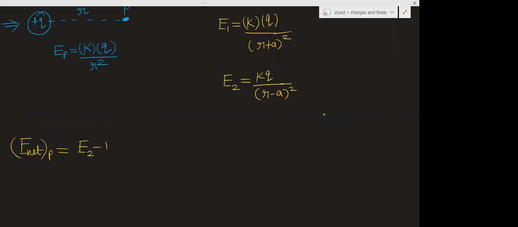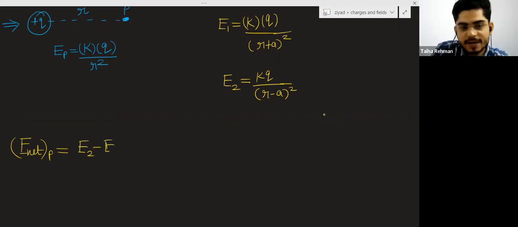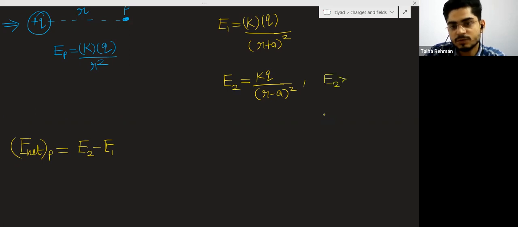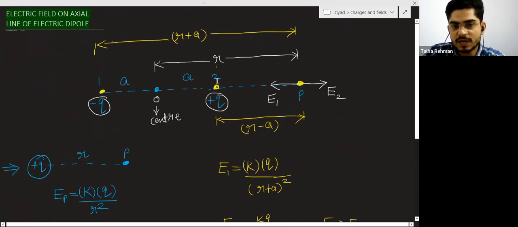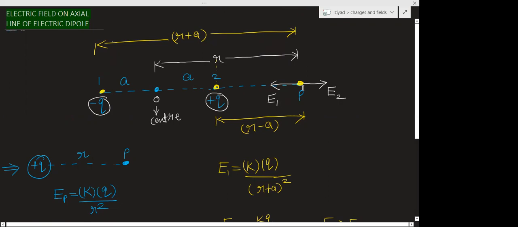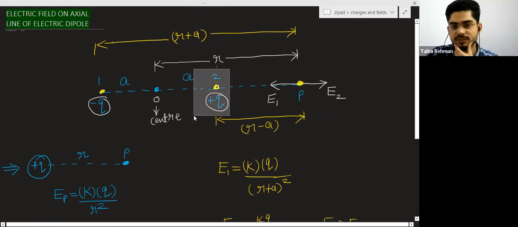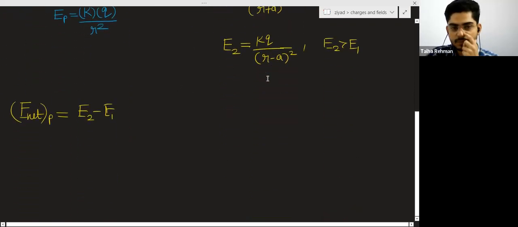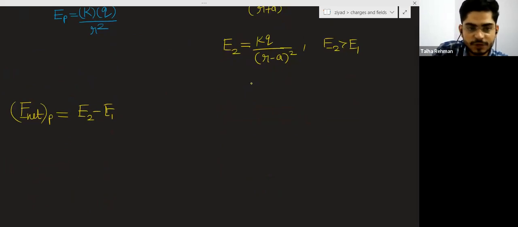Why am I writing E2 minus E1? Because E2 is greater than E1. E2 is greater than E1 because this second charge is nearer to the point P. So the electric field intensity due to this charge is large.